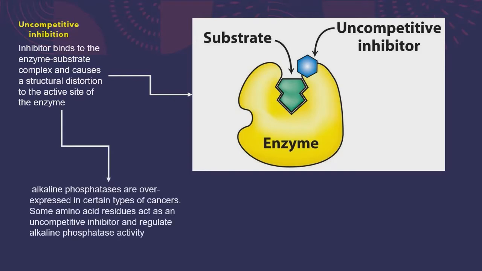And so for example, alkaline phosphatases are enzymes overexpressed in certain types of cancers. So with that, some amino acid residues act as an uncompetitive inhibitor, and this will regulate the alkaline phosphatase activity to further produce and form cancer cells.